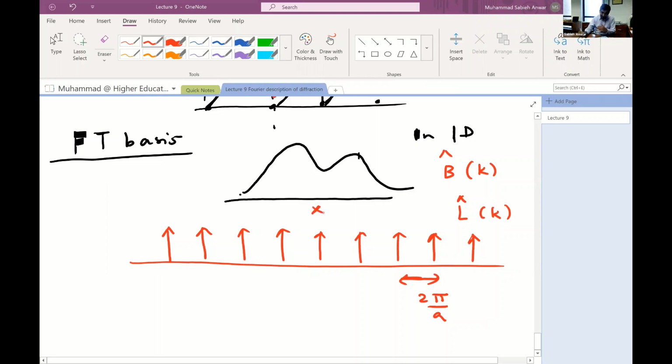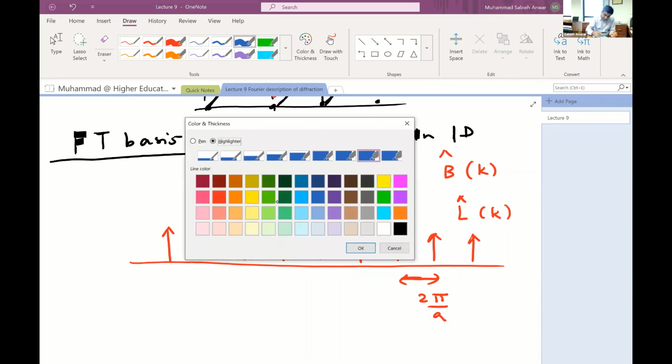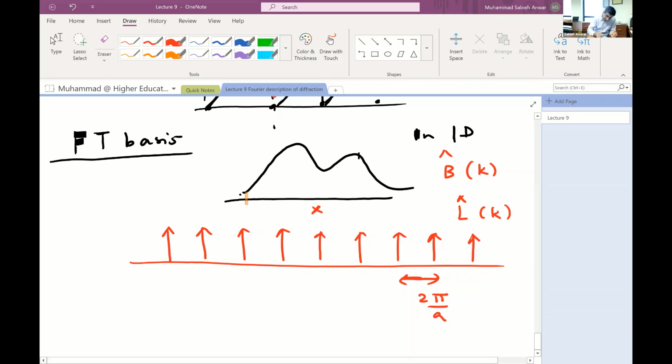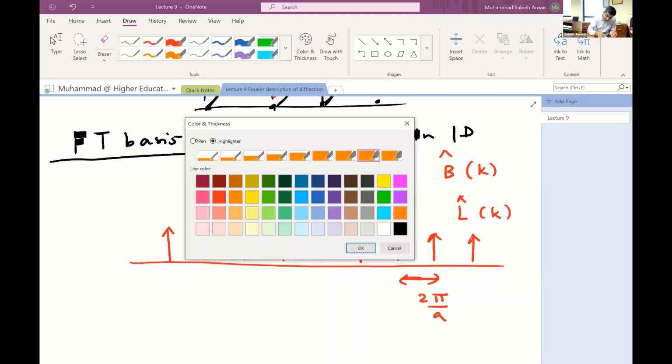Now everywhere I can use the sampling theorem again. Everywhere do I get 0? I only get non-zero values when a Dirac delta function coincides with the basis.